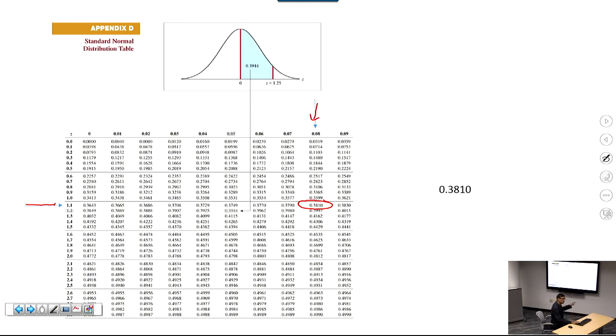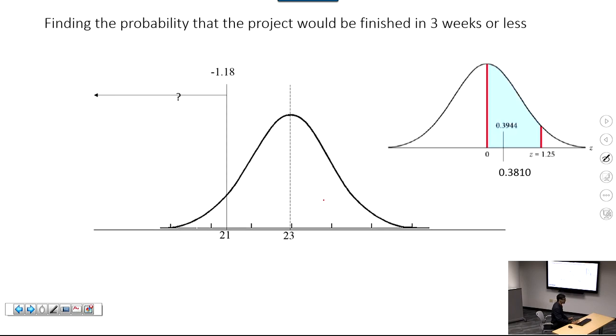Okay, now let's go back to the chart that we had earlier. All right, 0.3810, we'll keep that value of the area in mind. Okay, so here is your chart.